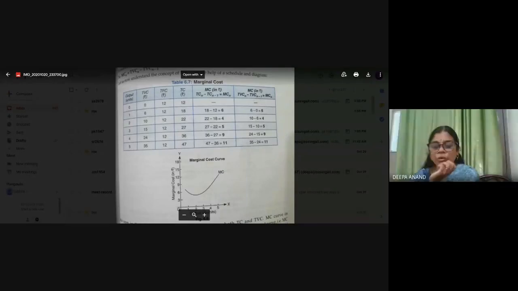MC is equal to 240 minus 200, that is 40.